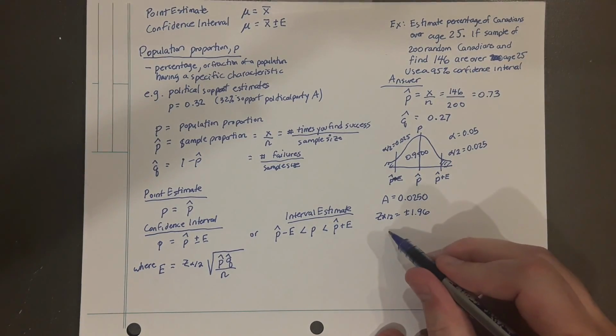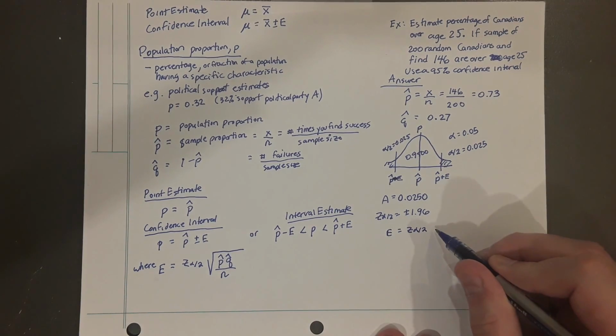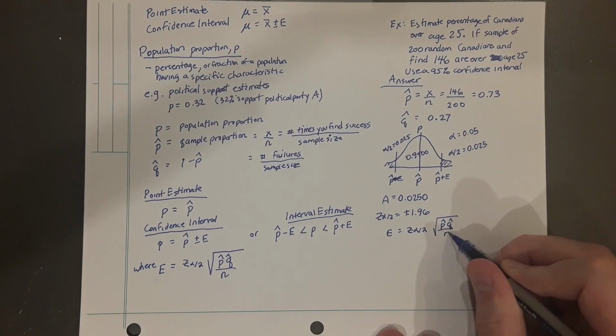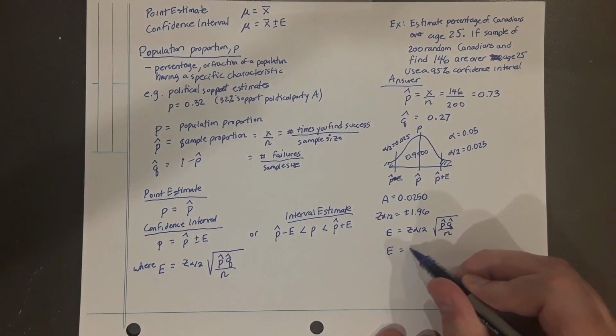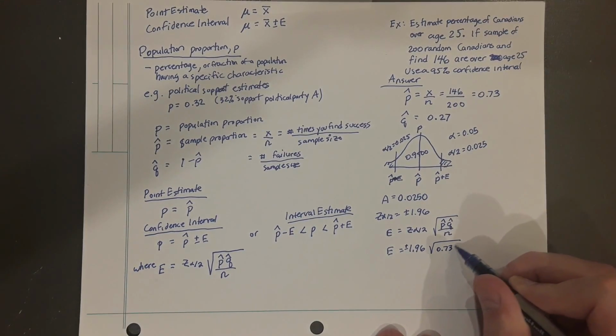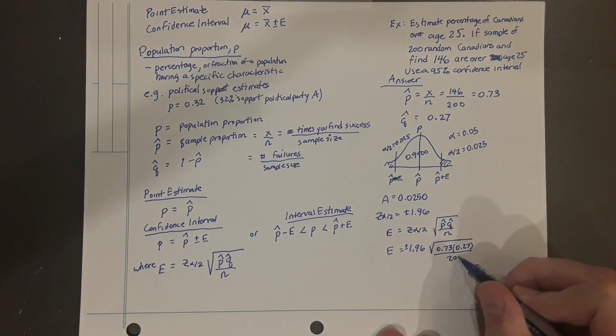The error in our estimate then, using proportions, is z alpha over 2 times the square root of p hat q hat over n. It is going to be 1.96 times the square root of 0.73 times 0.27 all over 200.